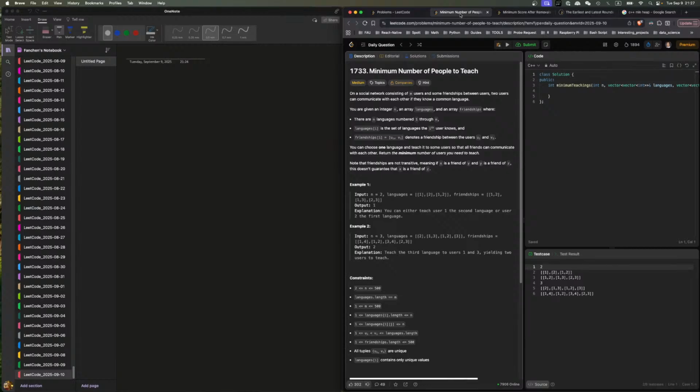So basically this means friendship is only existing in that array. So those are the edges, and that's it, right? That's it. So we have these connections between nodes, and language just means if they can communicate, right?